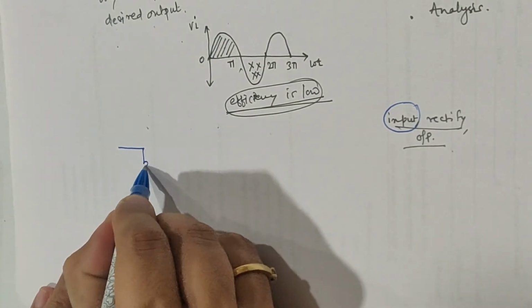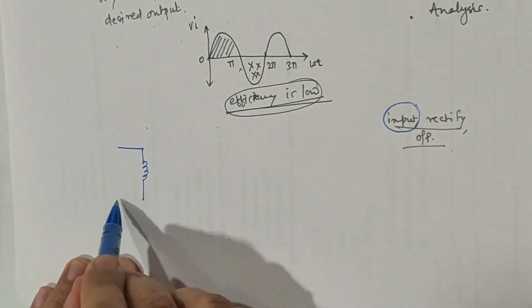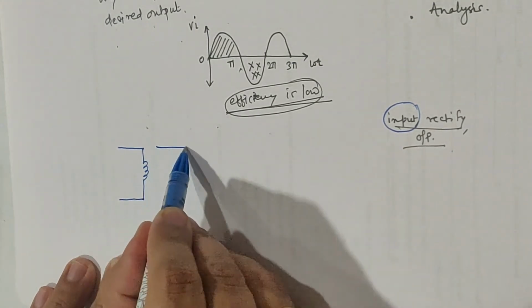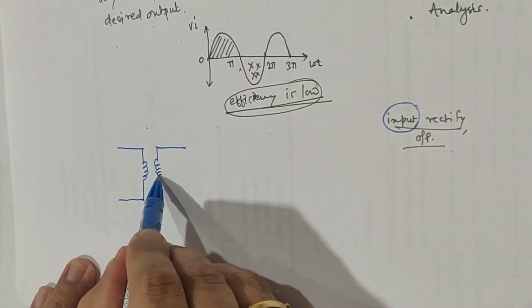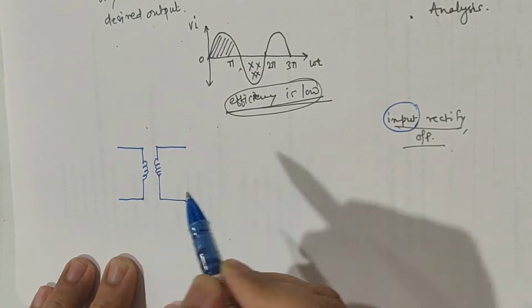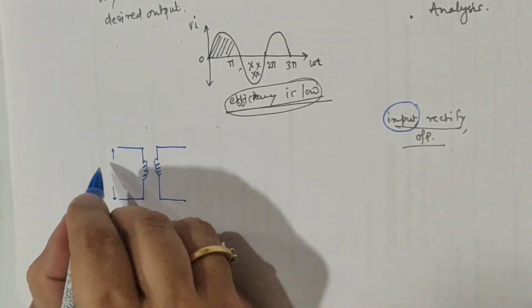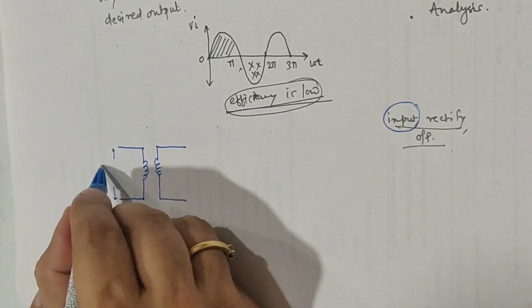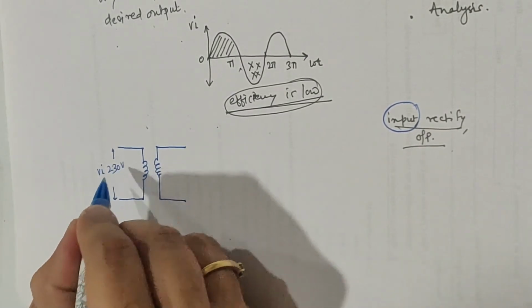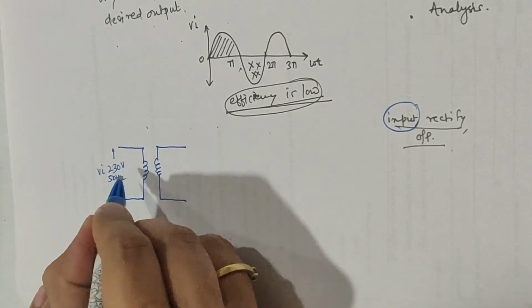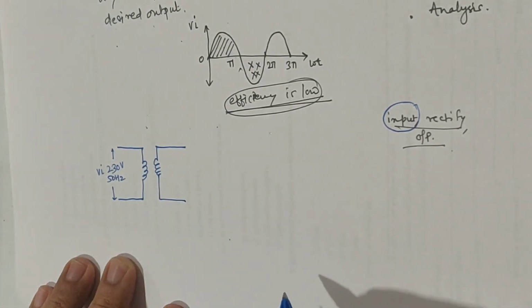So let us draw the transformer. Usually a step down transformer. So its primary will be our VI, which is 230 volt 50 hertz AC supply. 230 volt 50 hertz AC power supply.